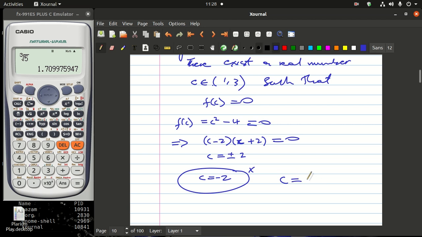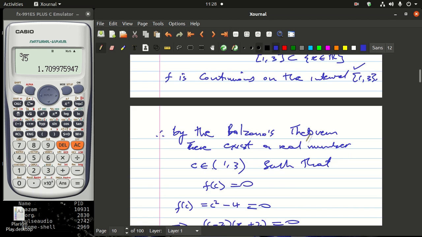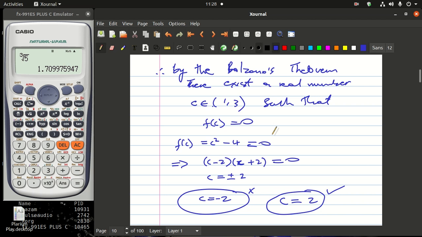But if you look at c equal to 2, you can see that 2 is bigger than 1 and also less than 3. Therefore, 2 is within this interval, which is not bad, because this theorem is not saying that there is only one. It's actually saying that one of these roots must be inside here, and I have this root and it is inside there.